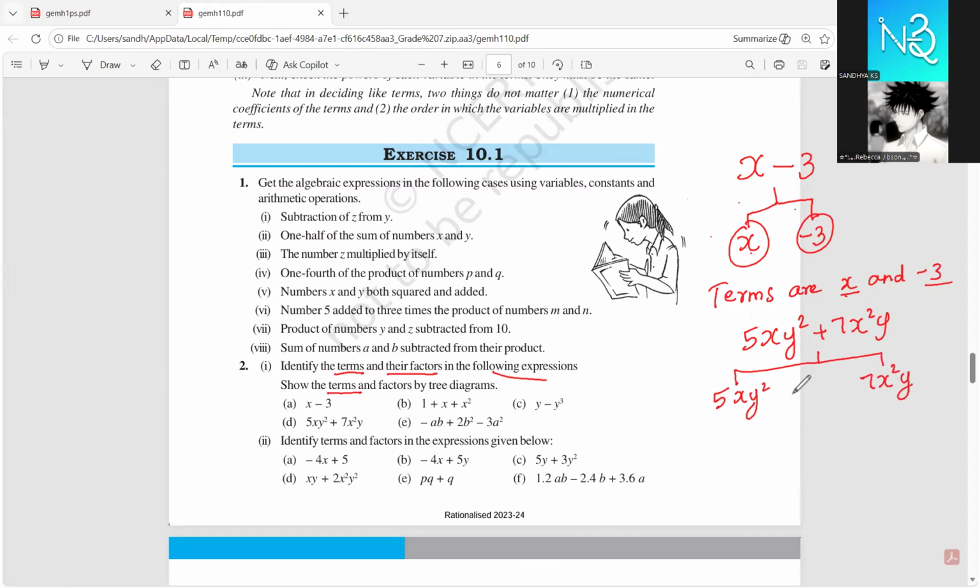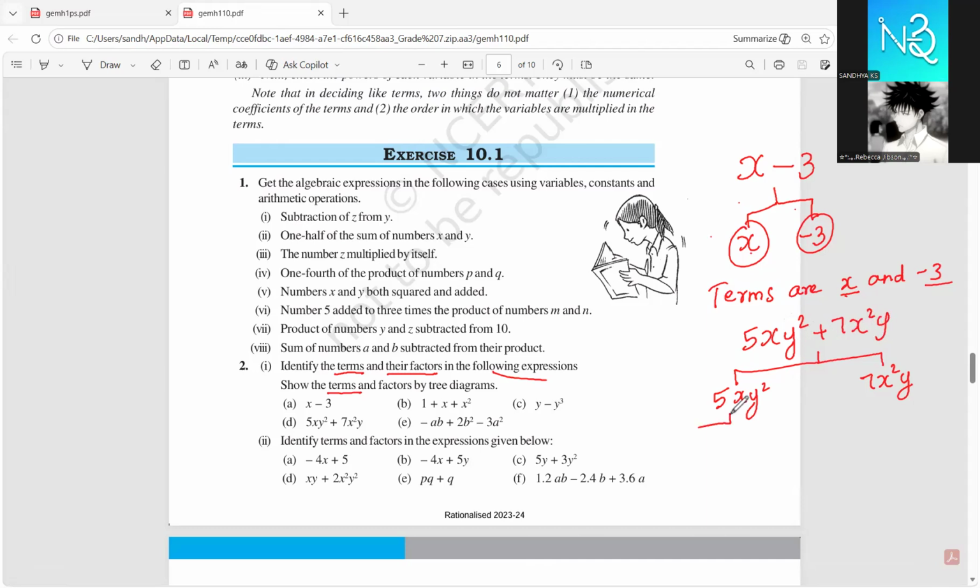How am I determining two terms? I already told you in the last class, by separating with addition and subtraction, I get different terms. And multiplication or division will be considered as one term. So 5 into x into y squared is one term. 7 into x squared y is one term.